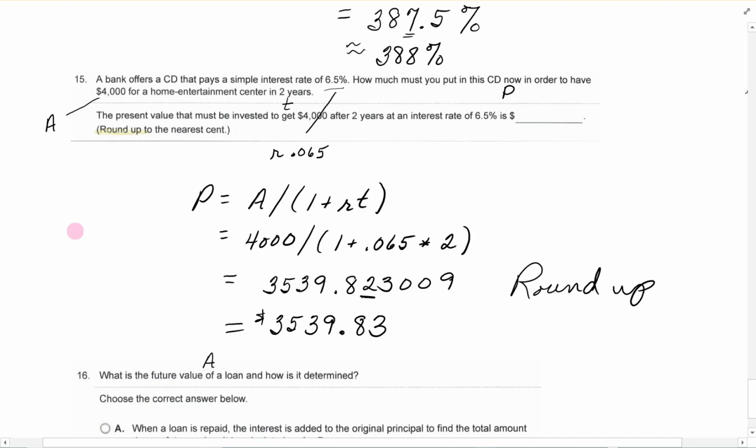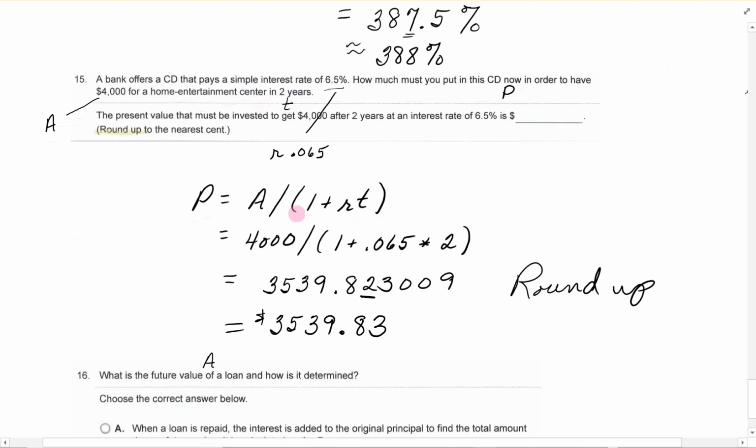Okay, the last of the calculation problems, number 15, it says a bank offers a CD, which stands for Certificate of Deposit, that pays a simple interest rate of 6.5%. How much must you put into this CD now? So in other words, now, present value, principal, in order to have $4,000, that's your future value, A, for a home entertainment center, that's kind of irrelevant, in 2 years, that's T. All right, so we're looking for present value.